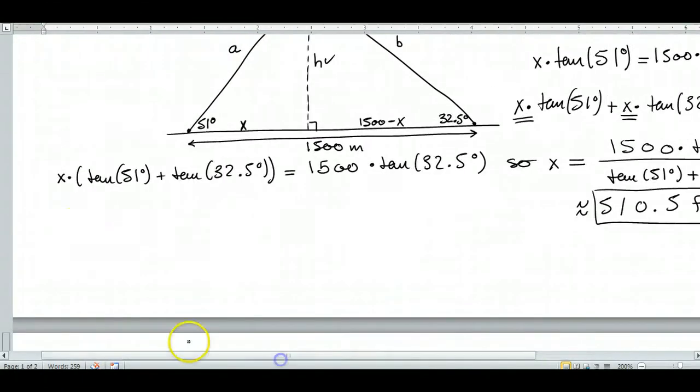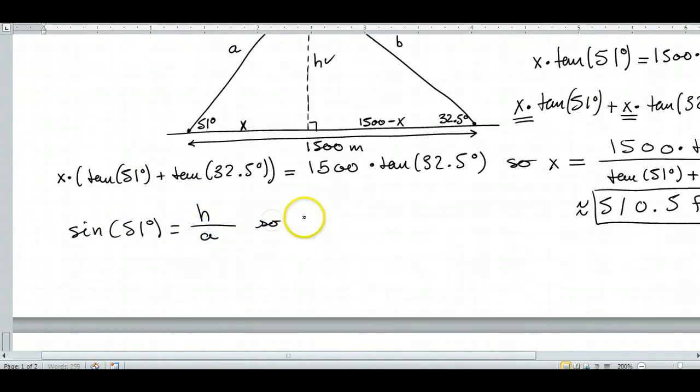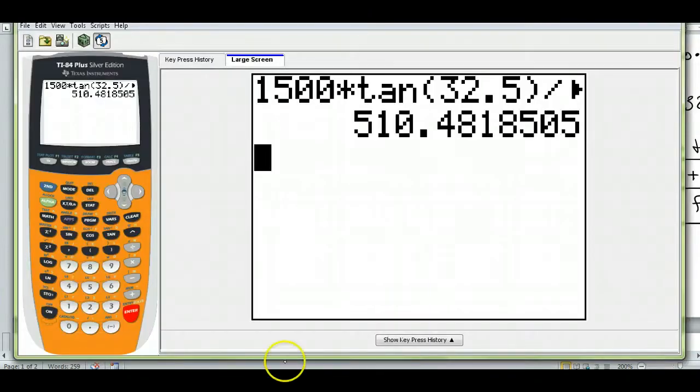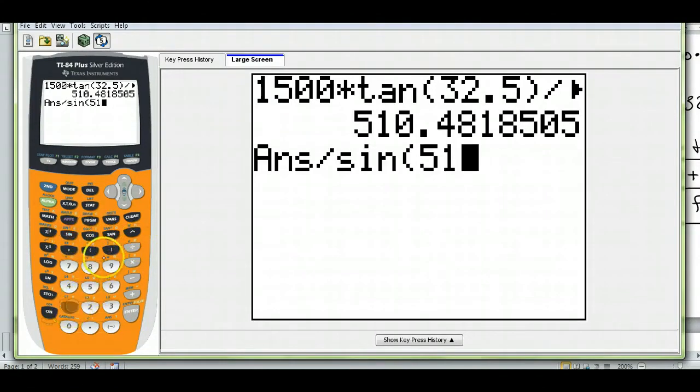The sine of 51 equals H over A. So A is H divided by sine 51. I got H in my calculator, right? So let's go back to the calculator. I'm just going to divide this by sine of 51. That's H right here.